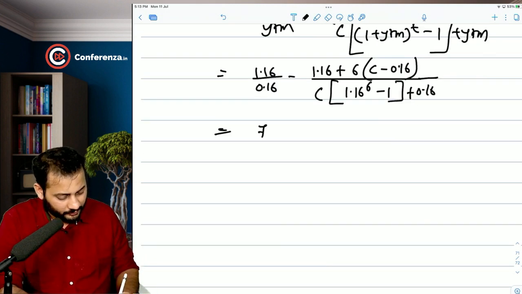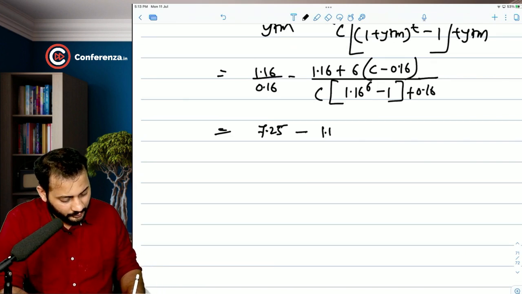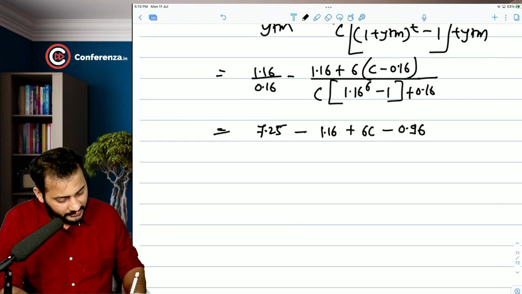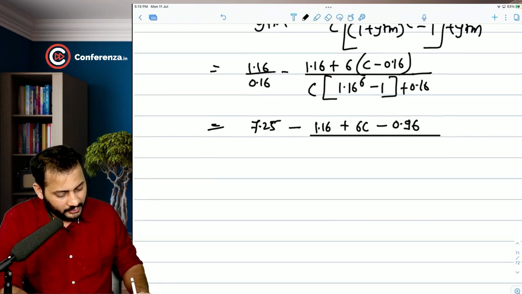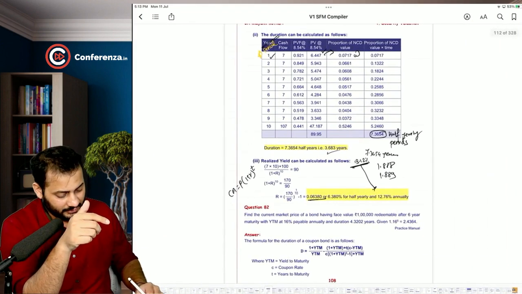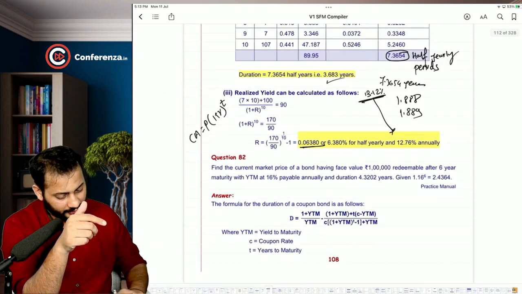It goes to 7.25 minus, the numerator will look like this: 1.16 plus 6C minus 6 into 0.16, that's 0.96, divided by the value of 1.16 to the power 6, which is given in the question. Let me check if it is right: 2.4364, right.